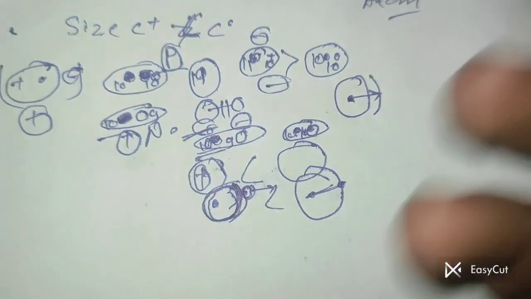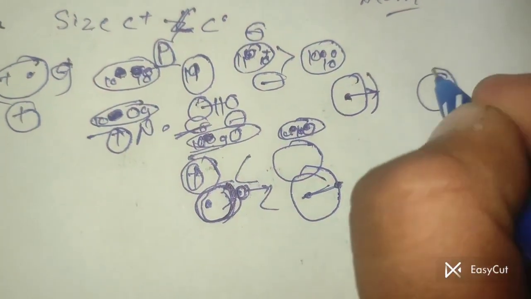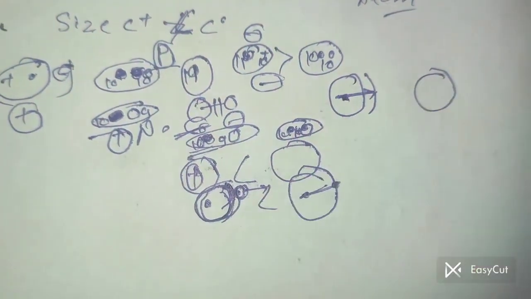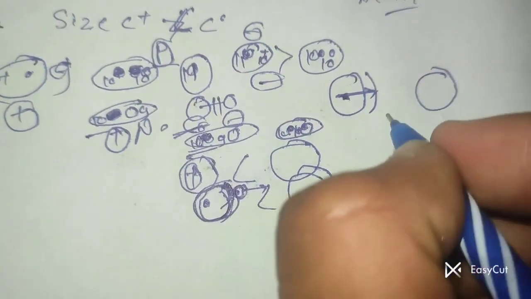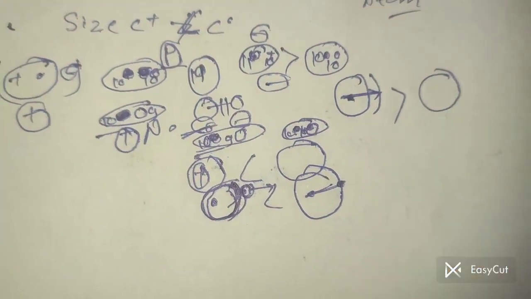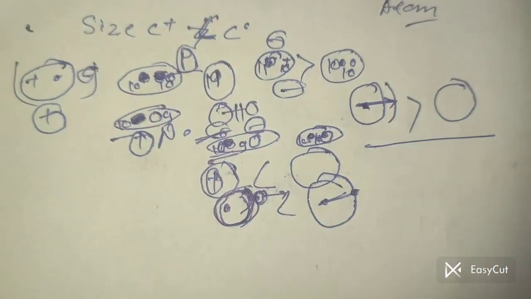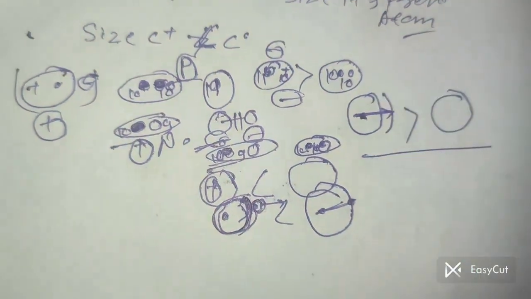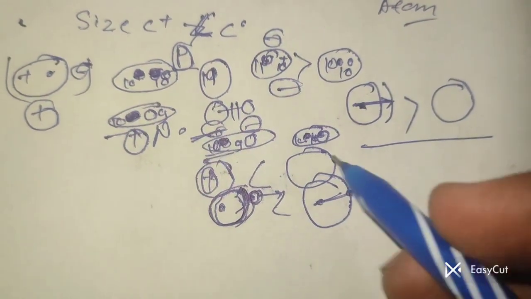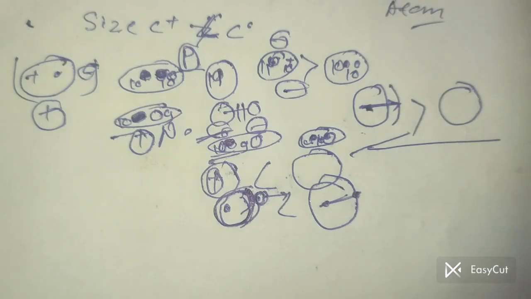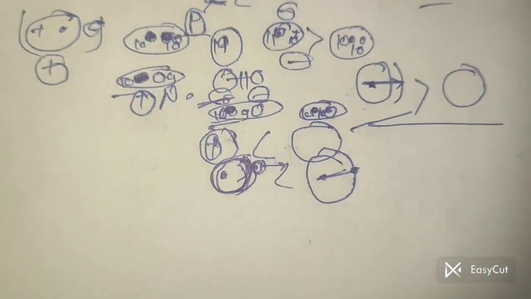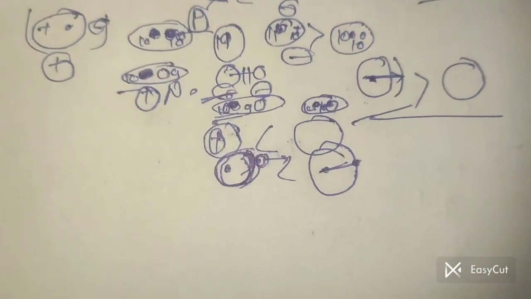That's why you have a great expansion with respect to your parent atom, and the size greatly increases. That's why the size of the parent atom is less than the size of the atom which has become an anion.